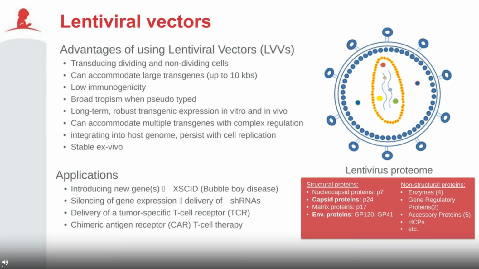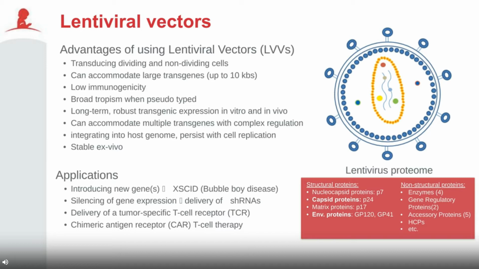So lentivirus vectors are essentially a family of viruses that have single-stranded RNA, and they've been used for a numerous number of applications for stably delivering genes into patients that have been affected by various diseases.